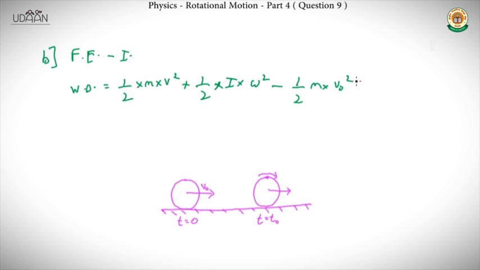Right? So putting in the values from the previous part of the problem, we find out that this work done comes out to half into m into mu g into t into 3 mu g t minus 2 v naught. A simple substitution of the values from the previous part and solving gives us this relation.